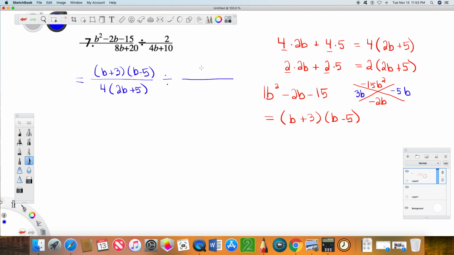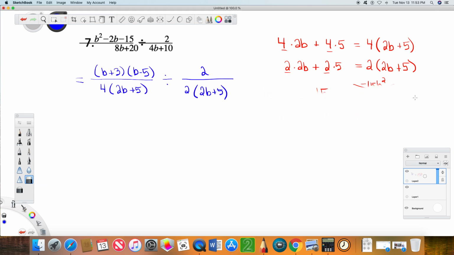The 2 is just a single factor of 2. The 4b plus 10 was 2 times 2b plus 5. Now I'm going to erase this work over here just to give me some room.